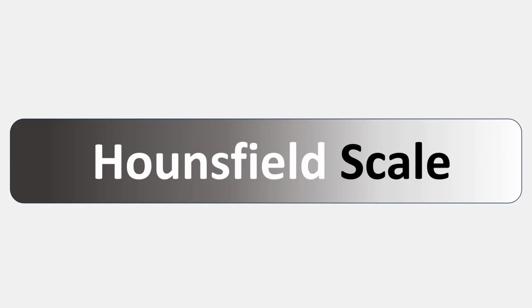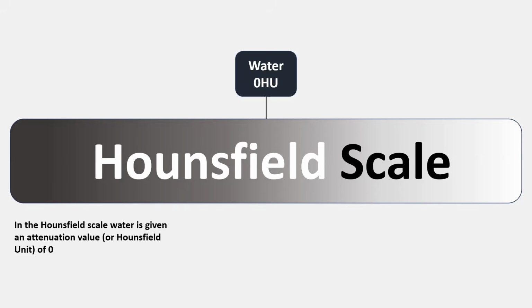So that will be the reference point. And let's just give all other attenuation values, relative values, compared to that of water. So that's what we do in the Hounsfield scale. We give water an attenuation value of 0, and then all other attenuation values are compared or calculated in comparison to the Hounsfield unit of water.